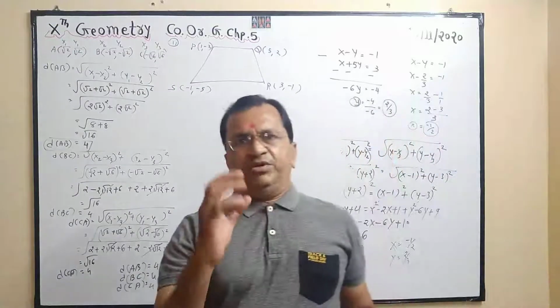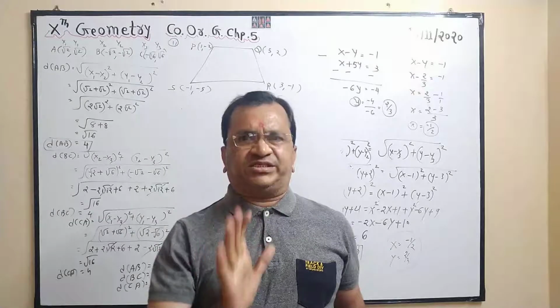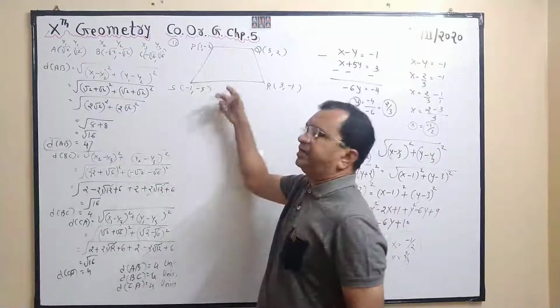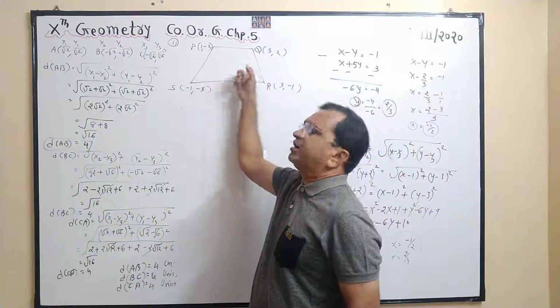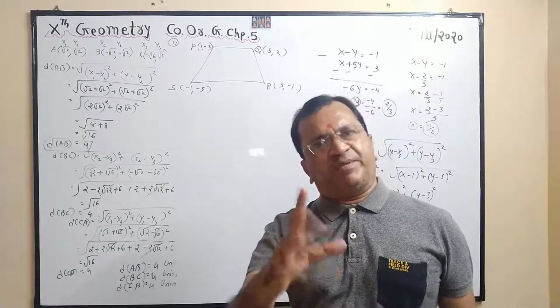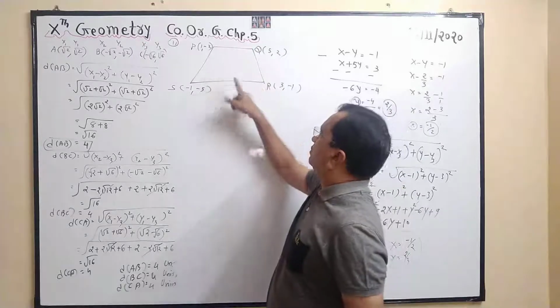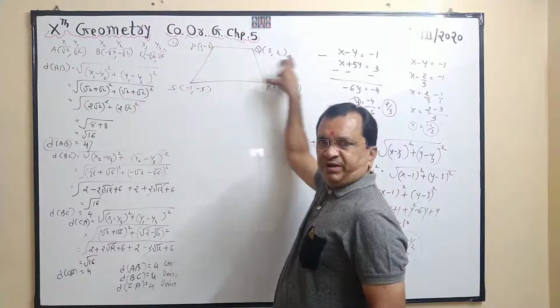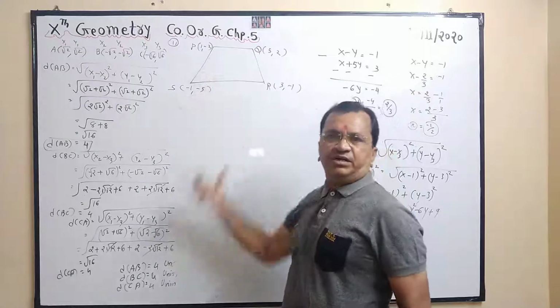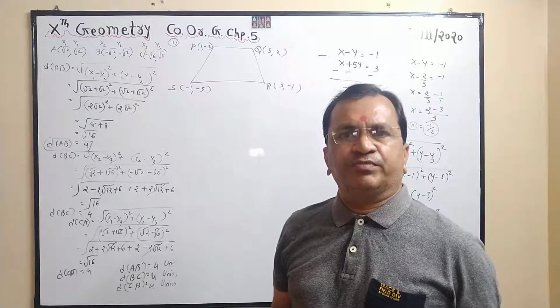It is a parallelogram. You can solve by different methods. If you find out all the sides, suppose this is 8 and 8, both are equal. If it is 5 and 5, both are equal. If opposite sides are equal, opposite are congruent, it is a parallelogram. Second method, you find out slope. If both the slopes are equal, it is parallel. So it is a parallelogram.